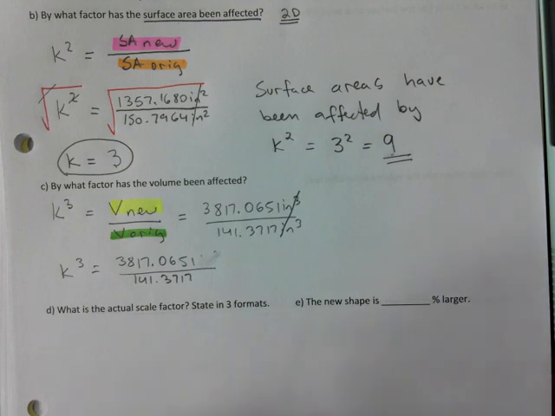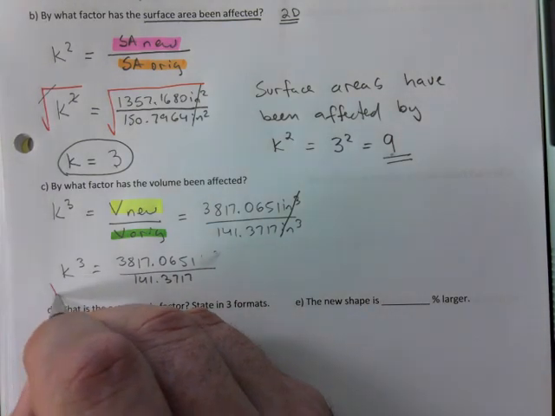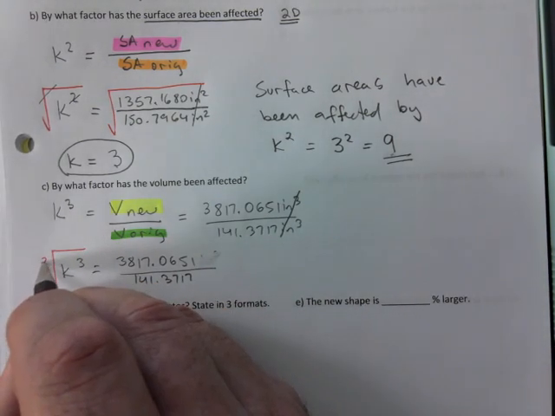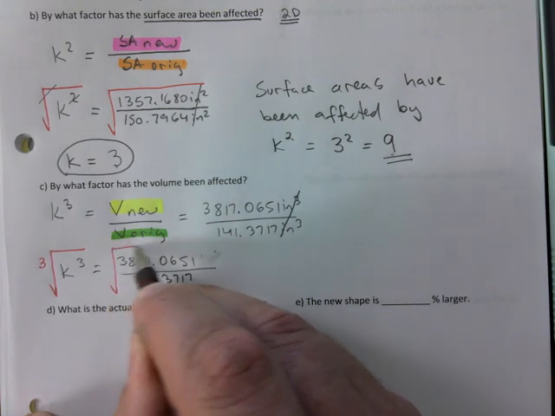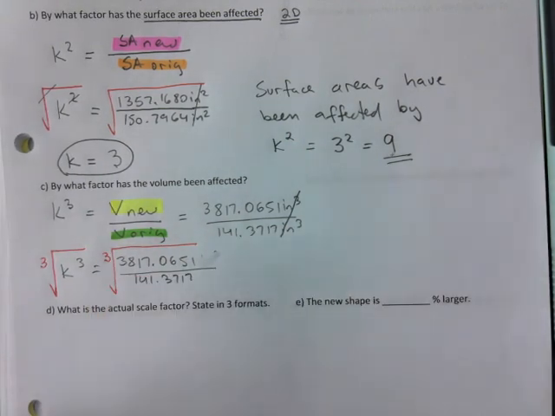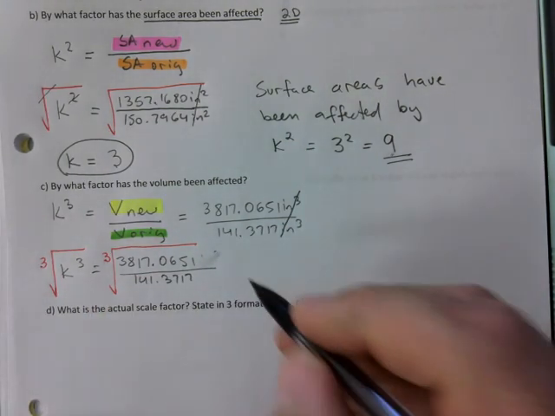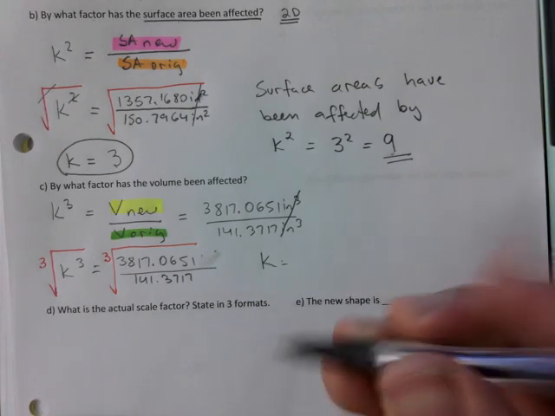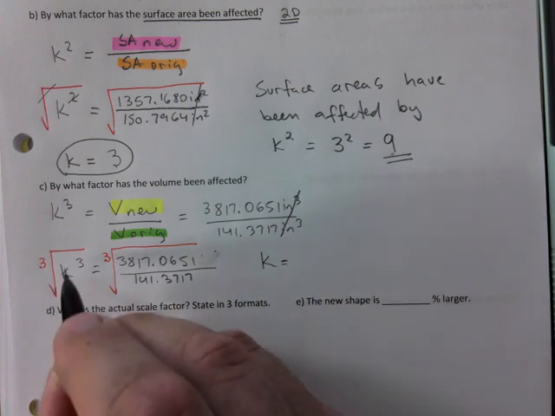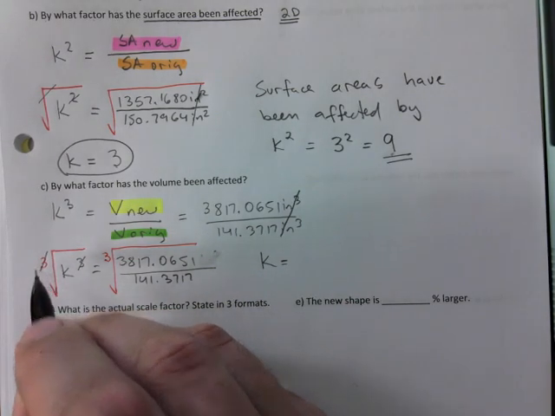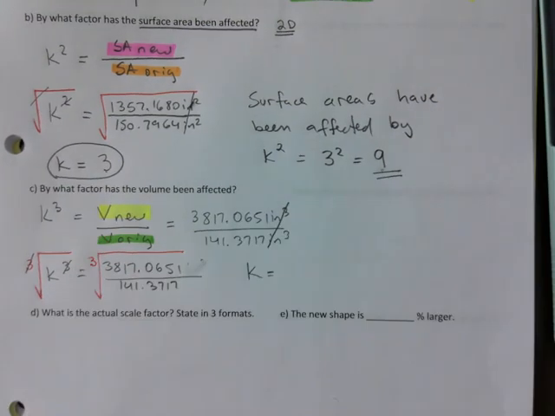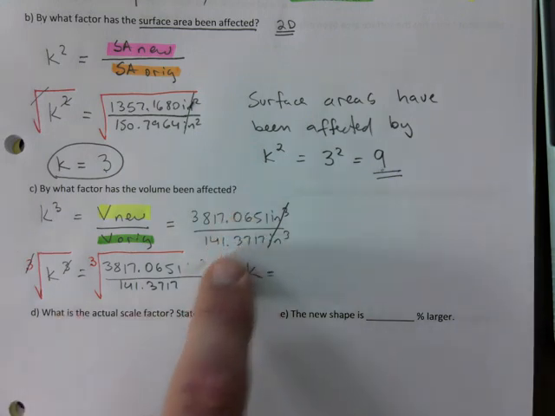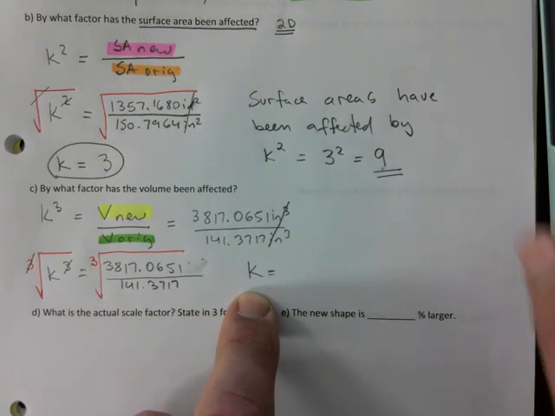And now you need to cube root both sides. So k, we cancel that out like that. K is still going to be 3, all right, guys? It can't change. But we're just showing that you can use the volume to get there, okay?